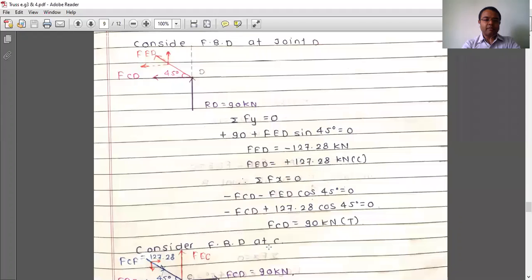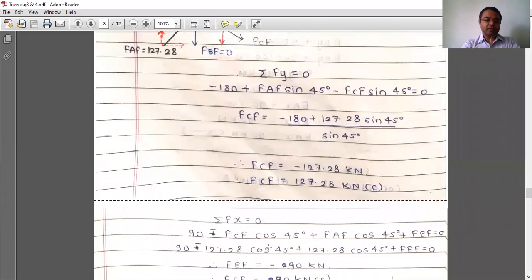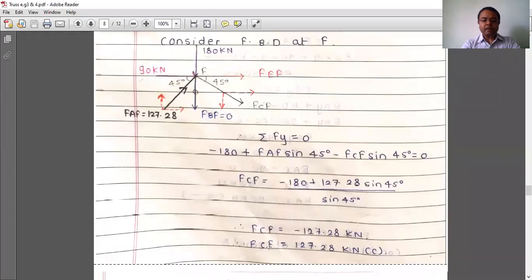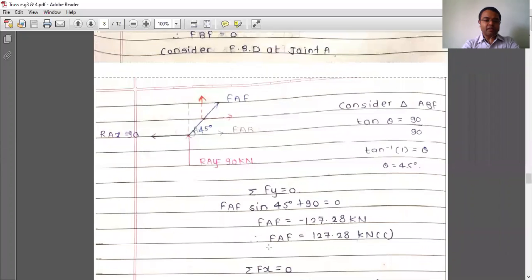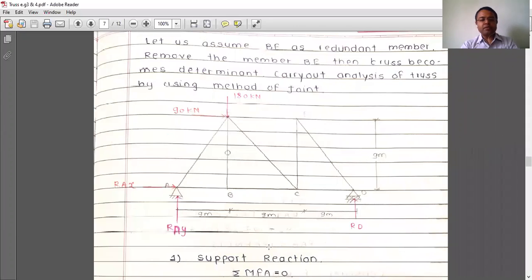So consider now the FBD of joint D. Actually, in this problem, I have solved joint D, and previously I have solved this joint F. Okay, I've shown here the solution, but actually it is not required to do this calculation, because if you observe the given structure, this part and this part are totally symmetric.